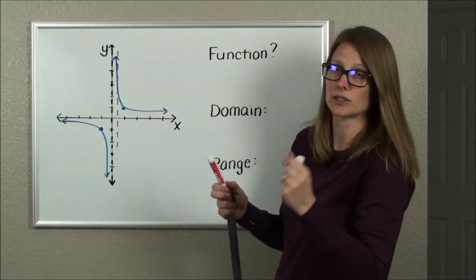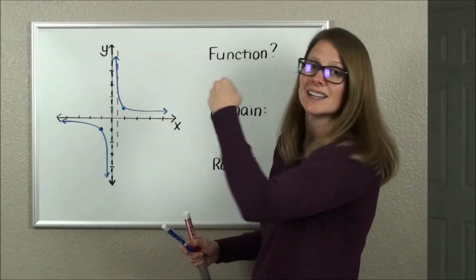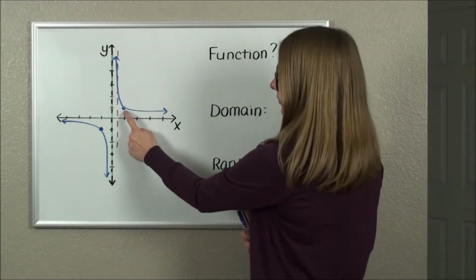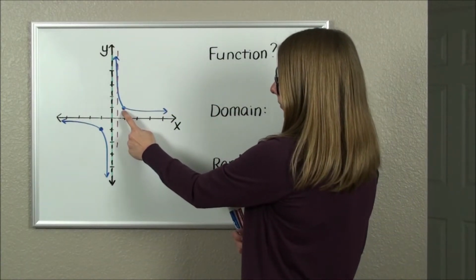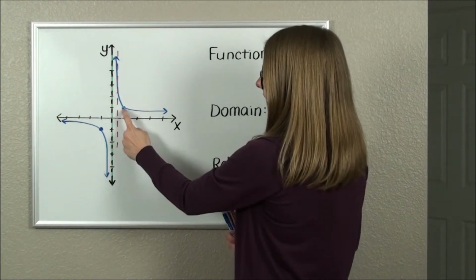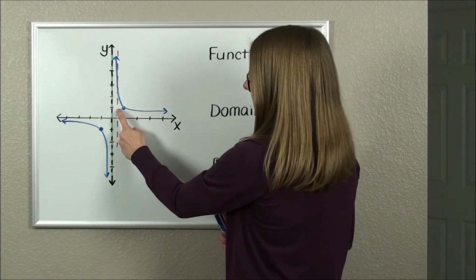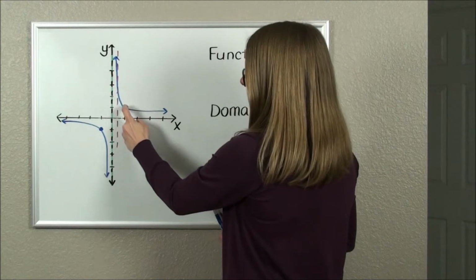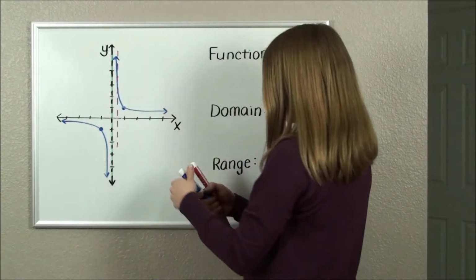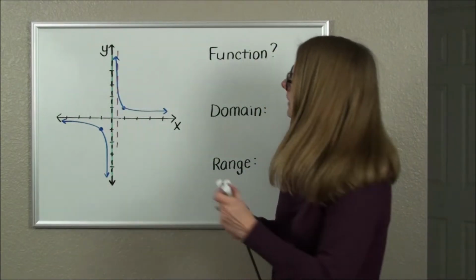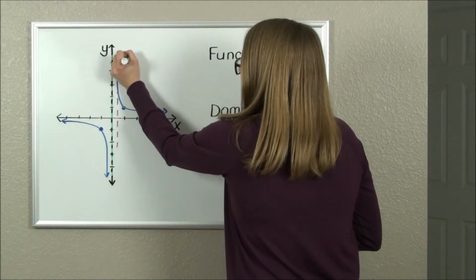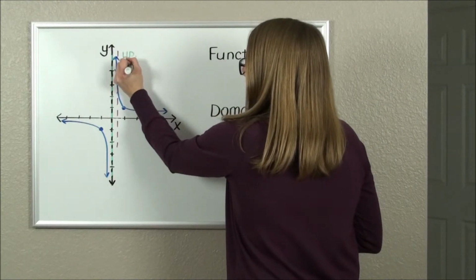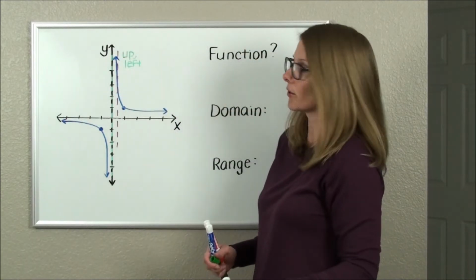Remember what the arrows are telling us. These arrows say continue in the same fashion. So if we imagine from this point here, that arrow is telling me I'm going to continue going left and up. I'm going up as I go left. If I'm always going to be moving left as I go up, that's not going to be vertical.